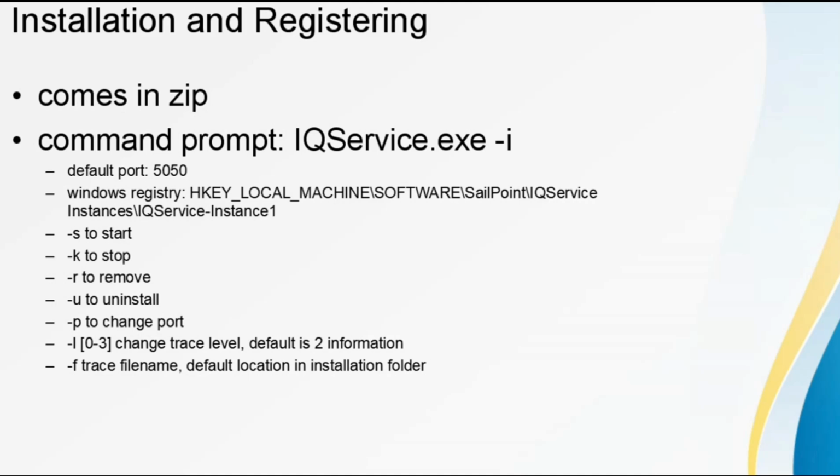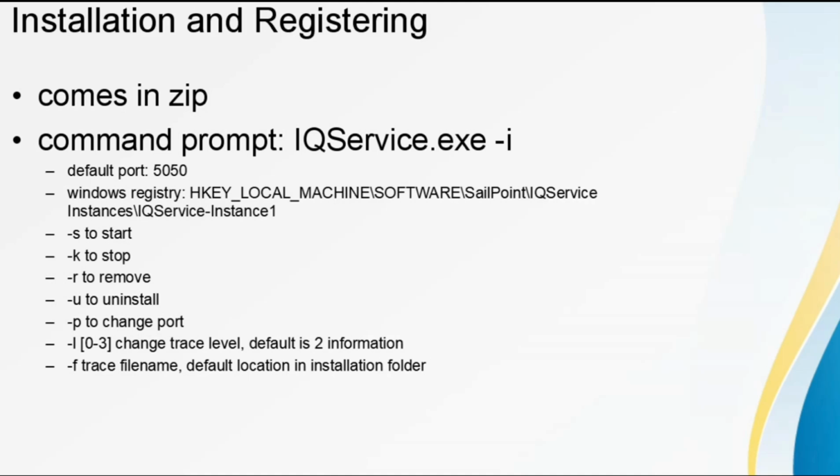Other commands we can use are -s to start, -k to stop, -r to remove IQ Service from your system, and -u to uninstall. If you want to uninstall IQ Service from your server, -u has to be executed because it will also remove all the registry entries from the Windows registry.